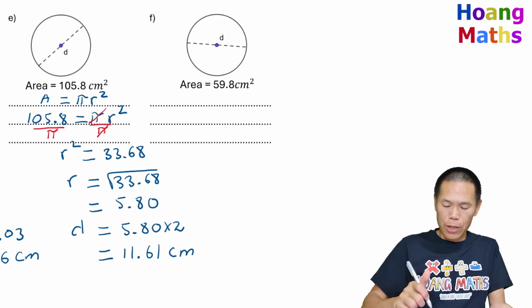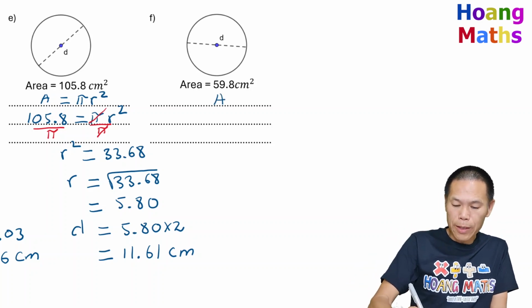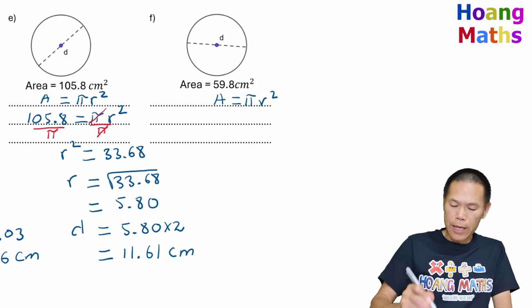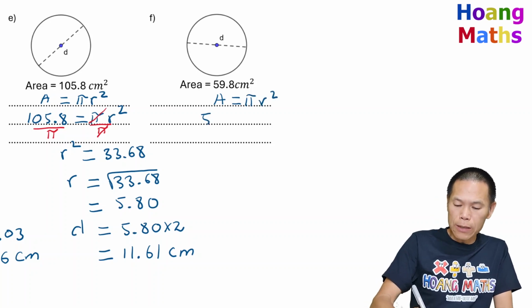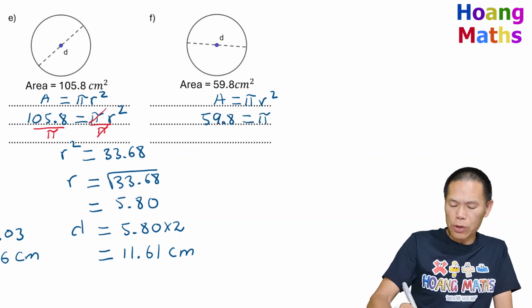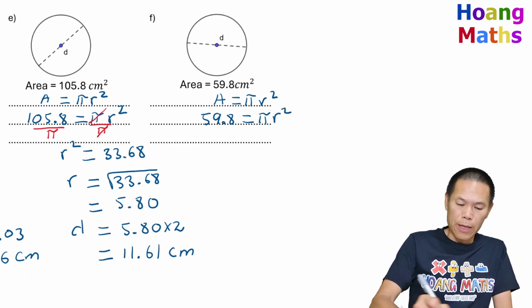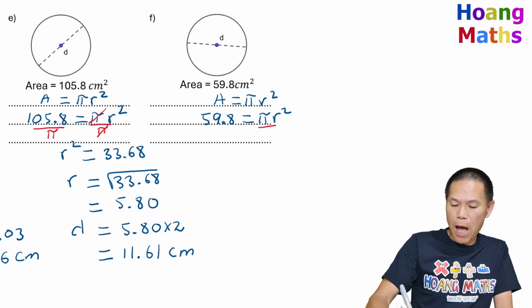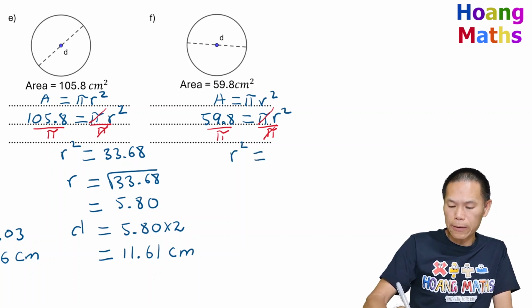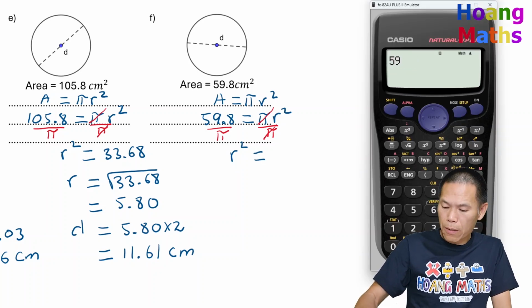Last one. So area is pi r squared. Okay. And the area is 59.8, equal to pi times r squared. And we just need to divide this by pi, and we need to divide this by pi. Cancel out. And the radius squared is 59.8 divided by pi.